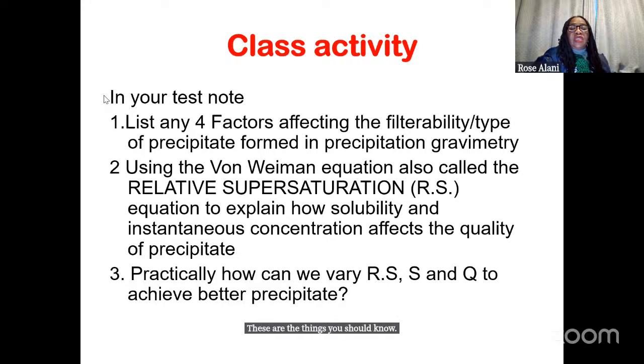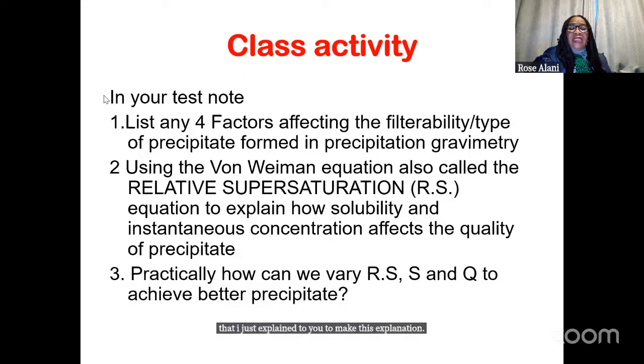Then also, using the von Weimarn equation, also called the relative supersaturation equation, use that to explain how solubility and instantaneous concentration affect the quality of precipitate. So you remember your RS is equal to Q minus S divided by S. You can use all that I just explained to you to make this explanation.